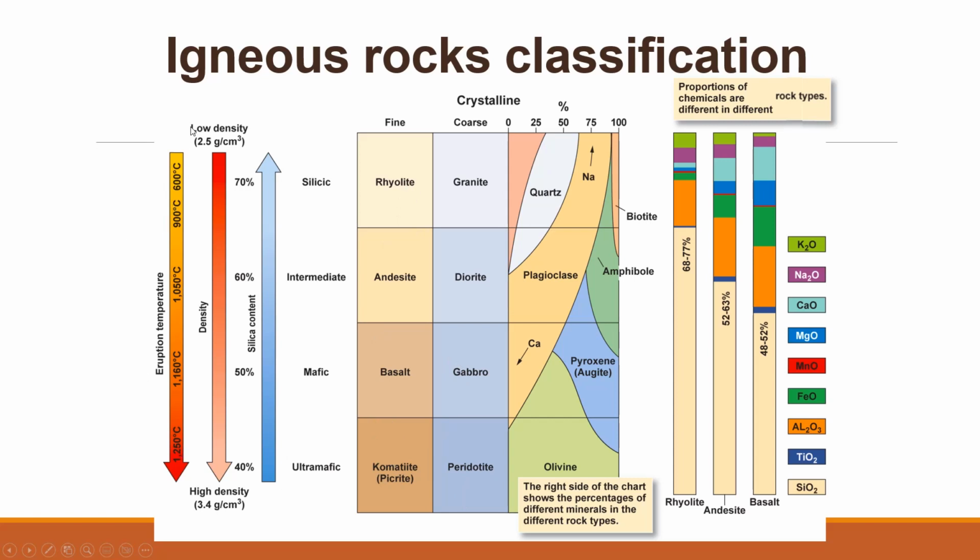This side is showing us our temperatures and our densities, which we see both increase as we go to the more ultramafic, and then our silica content, which decreases. And then on this side we are seeing the percentages of the different chemical components, and then in this final column we see the actual minerals. This pinkish color would be our muscovite mica that just doesn't have a name, probably because it doesn't fit. And so we can basically see the evolution of Bowen's reaction series in this graph.